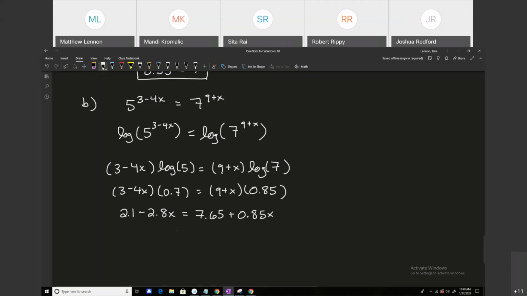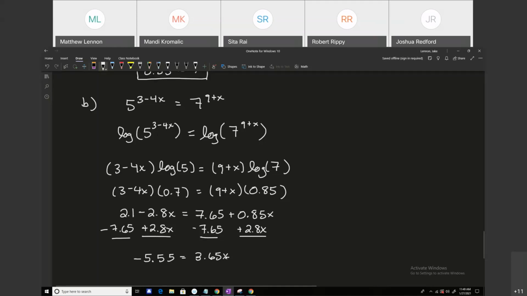So I want to move my x's to the right. That can be done by adding 2.8x on both sides. And I want to move my regular numbers, namely my 7.65, off the right-hand side. So I'm going to subtract 7.65. Doing those two steps at once leaves me with minus 5.55, and that equals 3.65x.